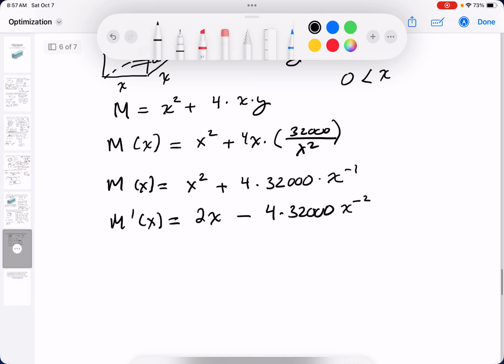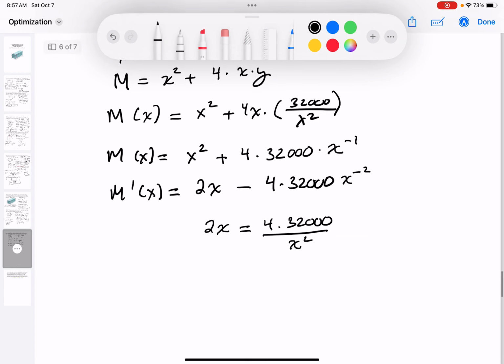So I'm looking really at 2x equals 4 times 32,000 over x squared. Careful here: multiply both sides by x squared and it's x cubed, and divide both sides by 2, and I get 2 times 32 times 1,000.